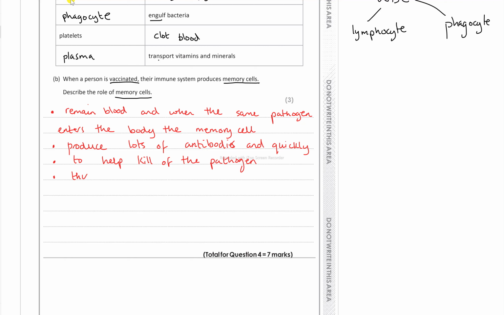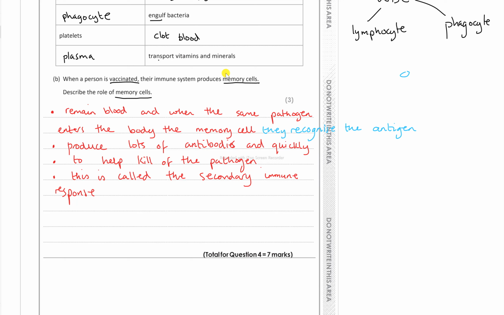This is called the secondary immune response. So that's what you basically have. What we could do is put in here the memory cell, they recognize the pathogen or the antigen.